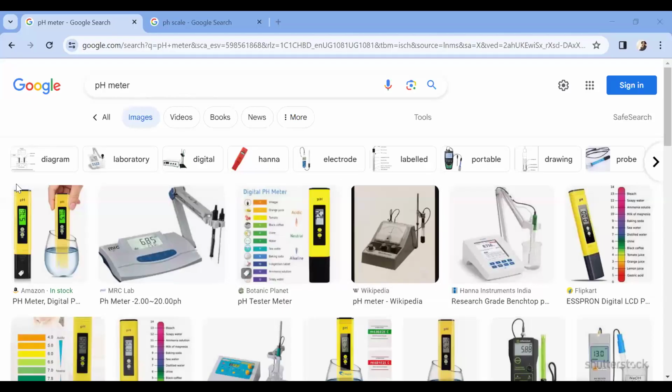Okay, so there are different pH meters that you can use here. I hope all of us can see my screen.